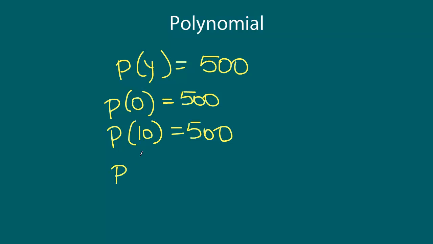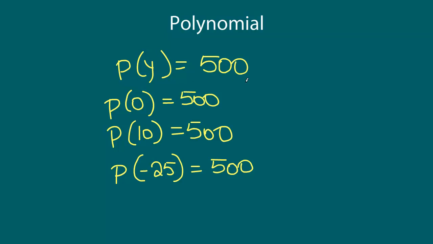If we want to do p of minus 25, that will still be 500. The point here is that no matter what value of y we take, the polynomial will always be 500. That means the value of the polynomial does not change as we change the value of the variable.